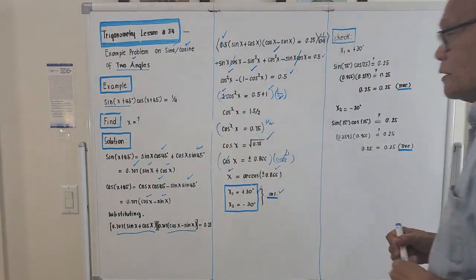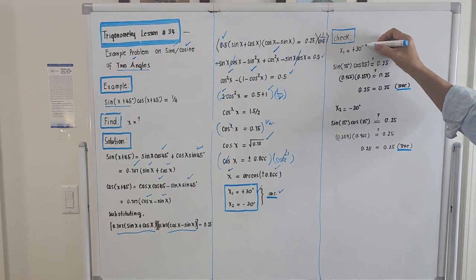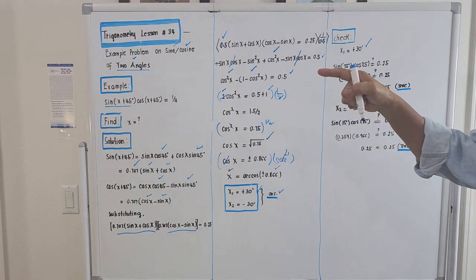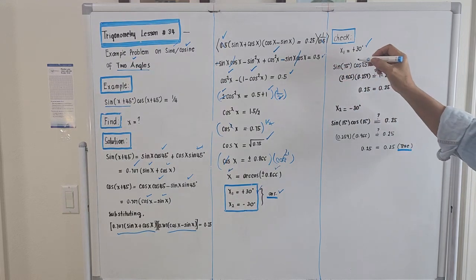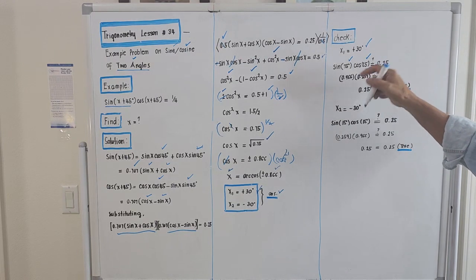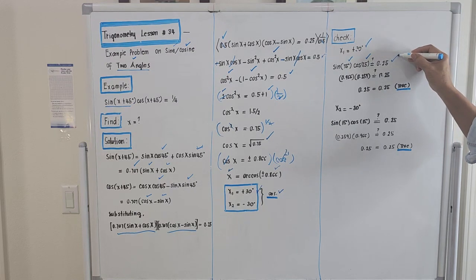By using the original equation, if we try to plug in x1 equal to 30 degrees, x plus 45 will be 75 degrees, right? And this is 75 degrees. Sine of 75 degrees times cosine 75 degrees. Will it be equal to 0.25?